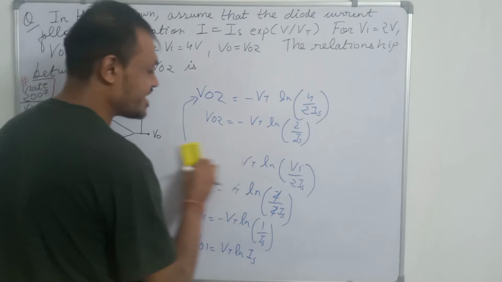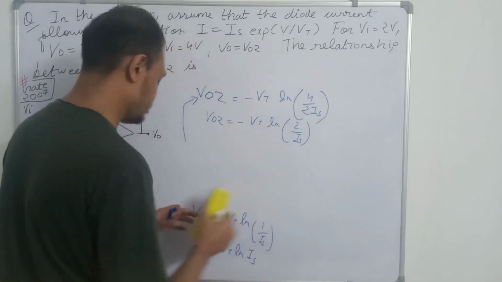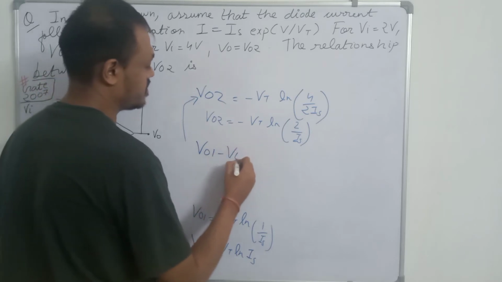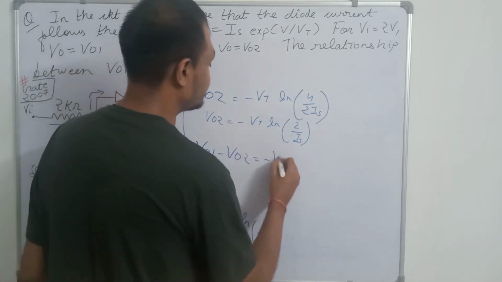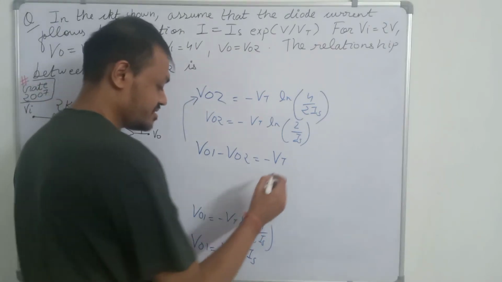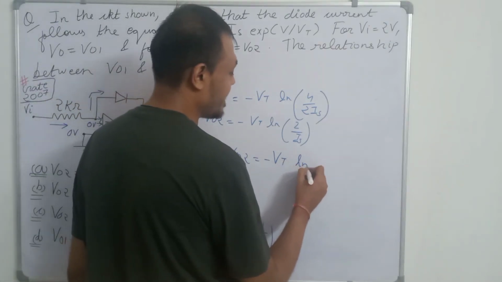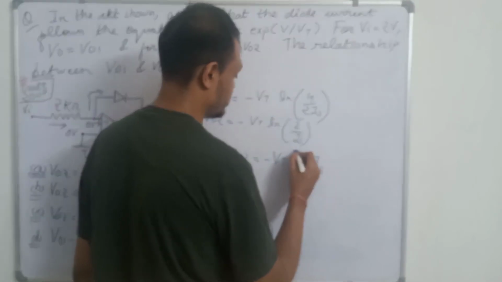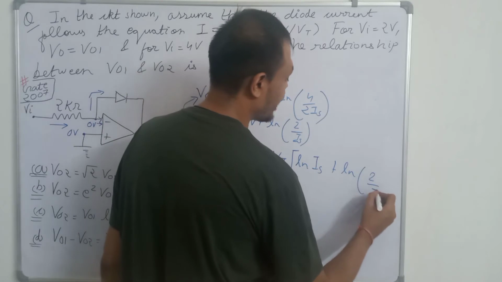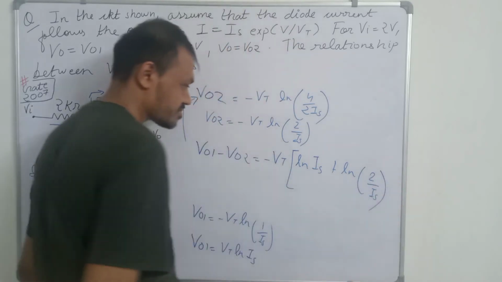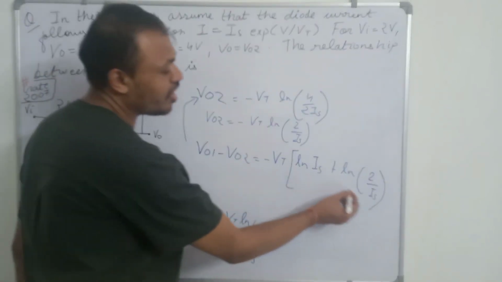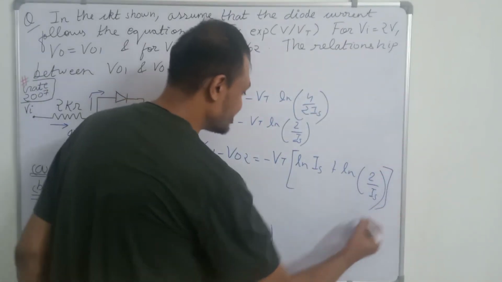So VO1 minus VO2 will be equal to minus Vt, taking minus Vt common, ln of Is plus ln of 2 upon Is. When logs are in addition, we can simply multiply them.